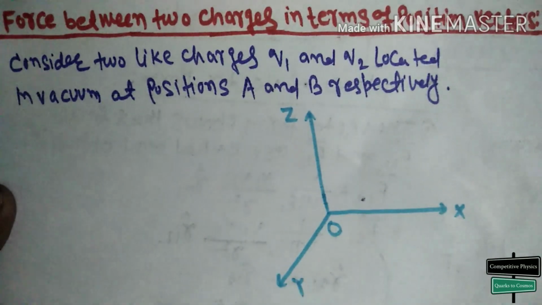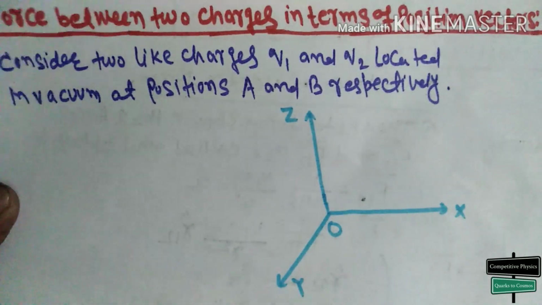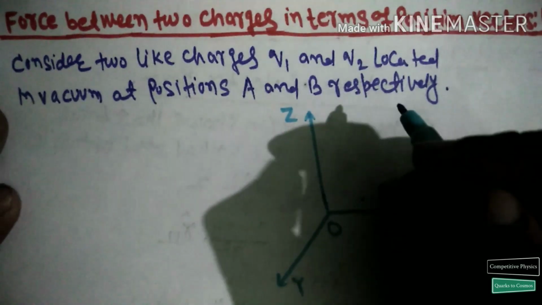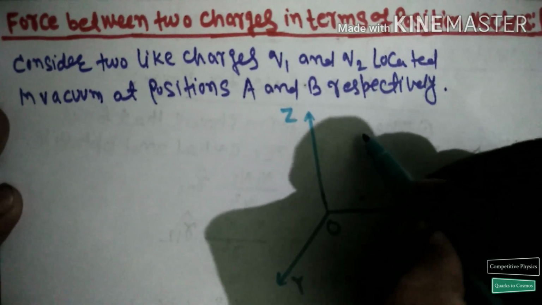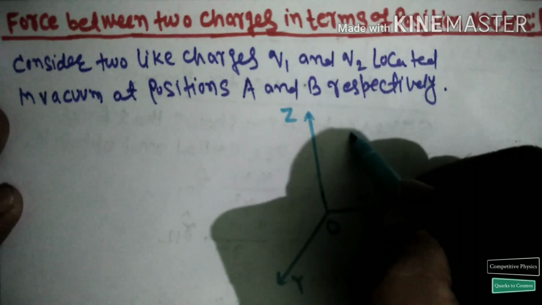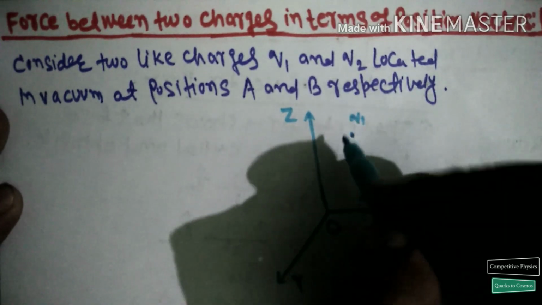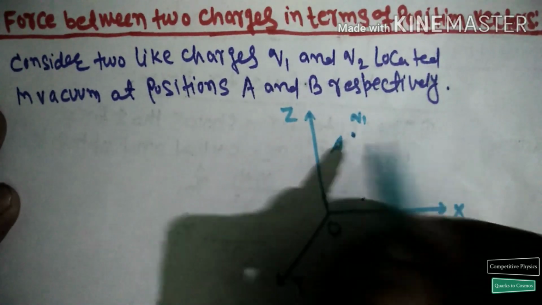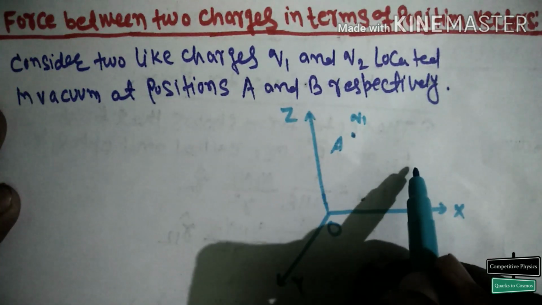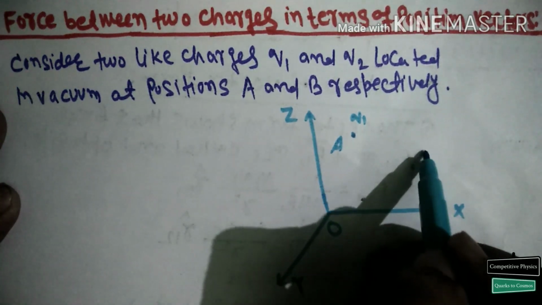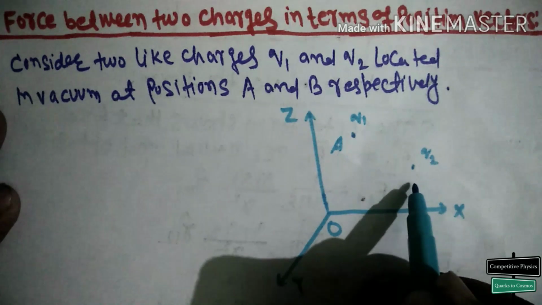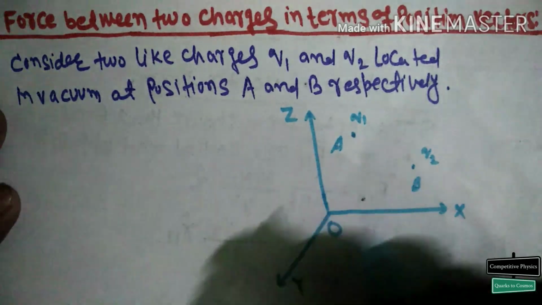Here is the origin. So here is the charge Q1 at point A, and here is the charge Q2 at point B.